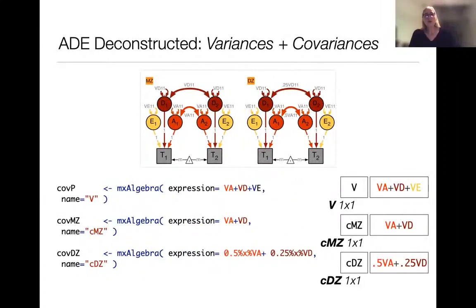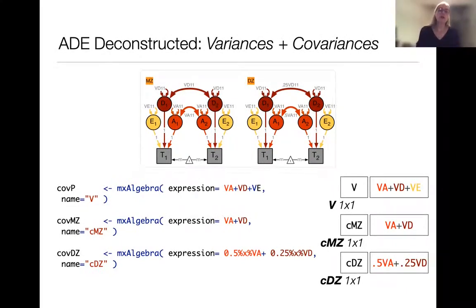Now we also know what the expectation is for the total variance. It's basically just the sum of the 3 variance components, and we can generate this by using an MX algebra statement, which can take an expression and a name as its arguments. So the expression here is basically just whatever algebra we want to do on the matrices that we've already defined.